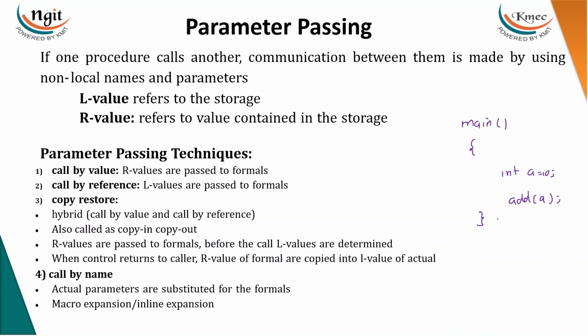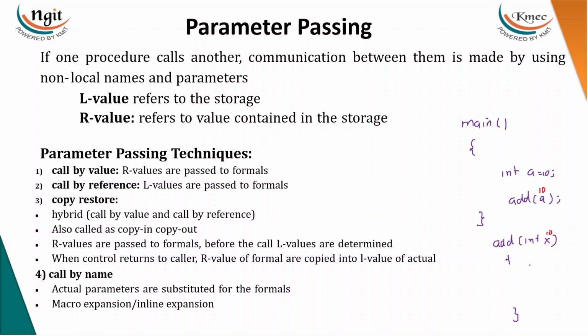By using copy and restore, actually C doesn't support this, but let me explain. So add(int x), right? Then what will happen here, guys? Listen here. What is the value of a here? 10. So that will be sent here.